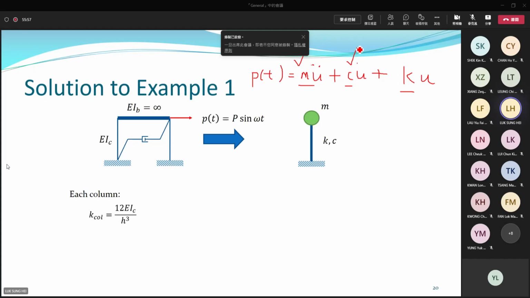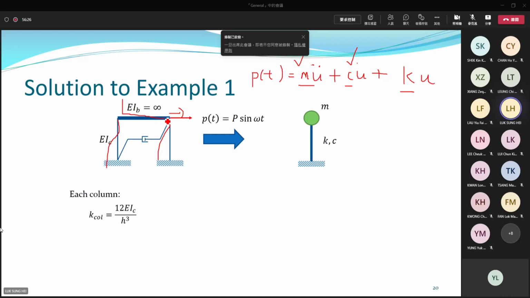So in this problem, actually it's asking you to determine stiffness, K. What is K? K means the total lateral stiffness. When the system displaces horizontally, the columns try to restrain the motion, right? They give you some stiffness. So this problem asks you to evaluate what is K. According to our discussion before, we have two extreme scenarios, flexible slab or rigid slab.